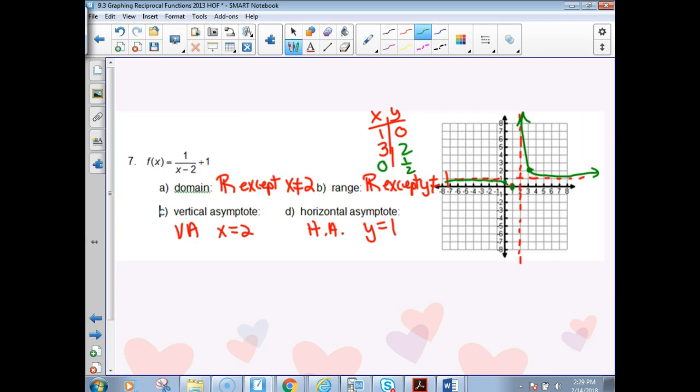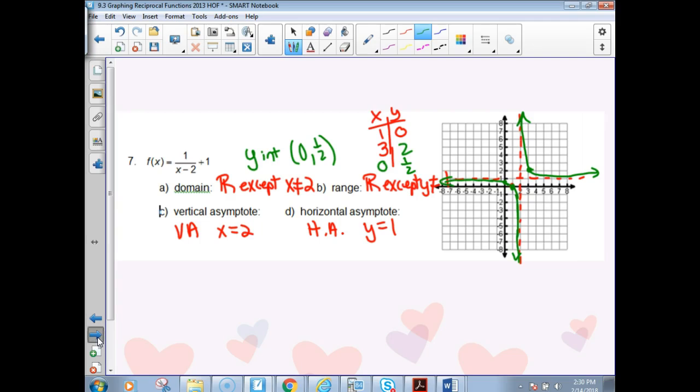I could show that y-intercept. Oh, I made a mess. Y-intercept is at (0, 1/2).